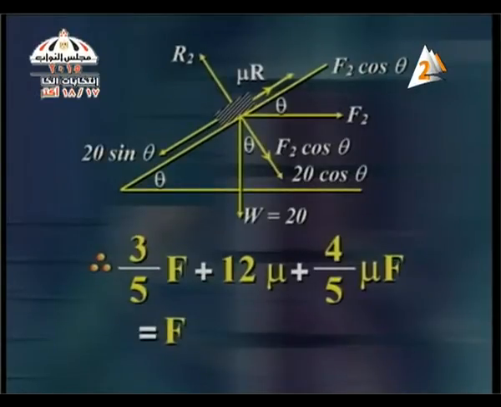From 5 and 6, you can get 3 over 5 F plus 12 mu plus 4 over 5 mu F equals F plus 12 mu. Therefore, 4 over 5 mu F equals 2 over 5 F, and by dividing by F, we can get mu equals 1 over 2.